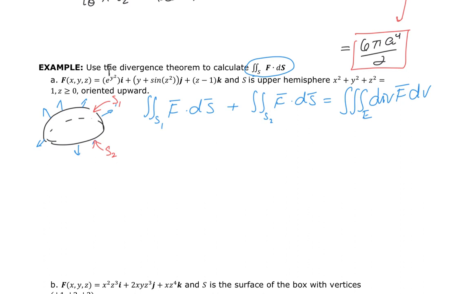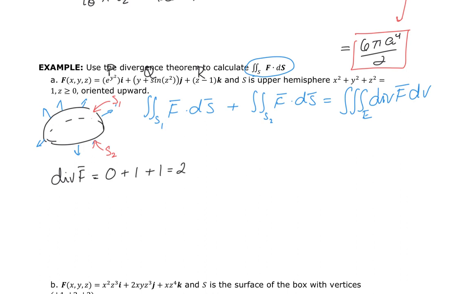Now, I have the right-hand side, so let's go ahead and find the divergence. So again, this is P, this is Q, this is R. So the divergence of F is going to be the derivative of P with respect to x, which is 0, Q with respect to y, which is 1, and R with respect to z, which is 1.